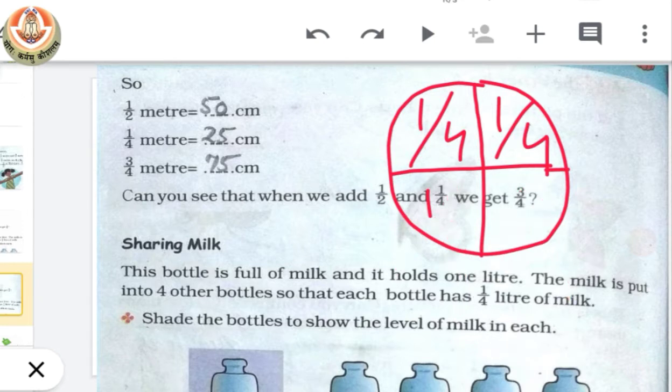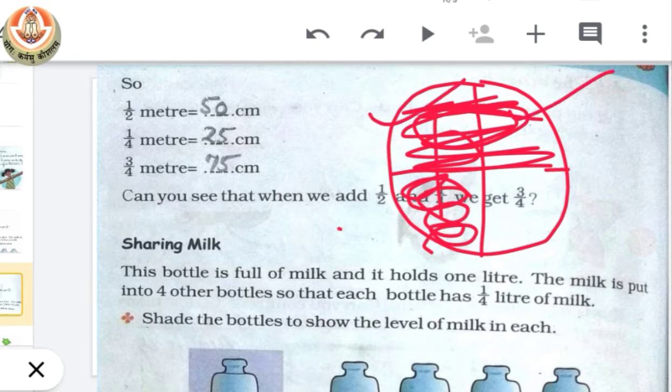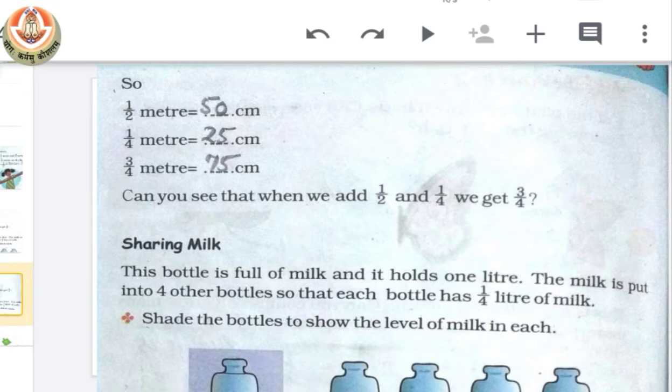And when half of the part is added with the 1 by 4th of the part, it will become 3. You can see here 1, 2, 3. 3 by 4th. So yes, we can say that when we add 1 by 2 with 1 by 4th, we will have 3 by 4th.